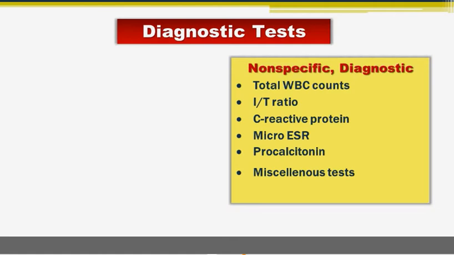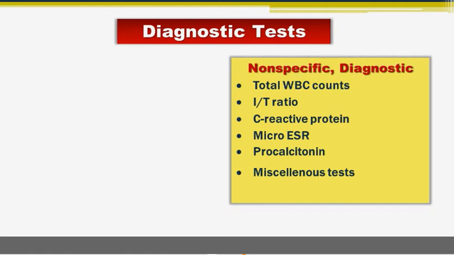Examples are the total white blood cell count, the ratio between immature and mature neutrophils, C-reactive protein, micro ESR, which we will explain, procalcitonin, and miscellaneous tests. If these are positive, they are diagnostic, but not specific, as they can increase or change in other conditions.